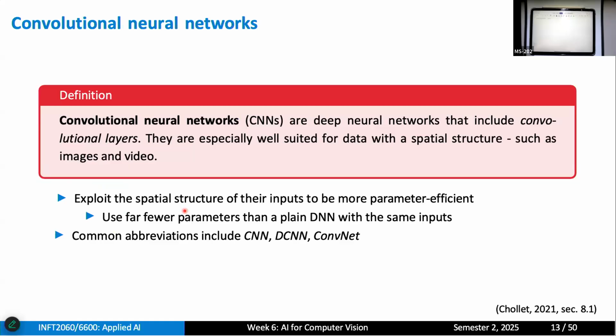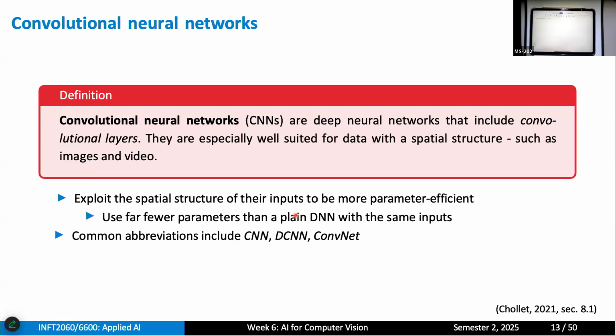All right, convolutional neural network. It's CNN. CNNs are deep neural networks that include convolutional layers. Remember that we talked about the convolutional layer last week. Just to remind you in case someone forgot it, the convolutional layer is mainly to extract features from very massive information, exploiting the spatial structure of the inputs.